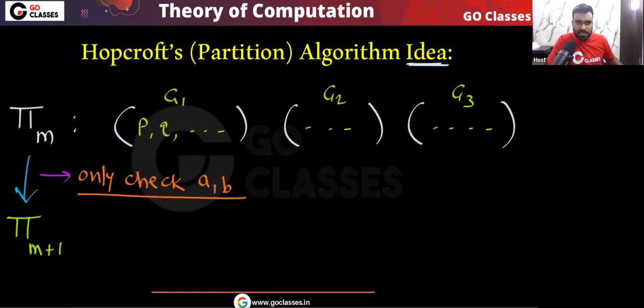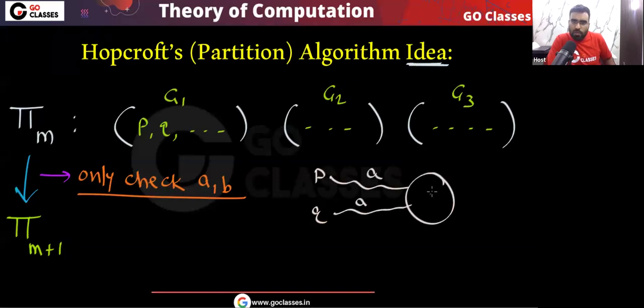Now the idea is like this. Let's take this p comma q. Within this group we have p comma q. For this p and q, if on every symbol they go to the same group, for example, let's assume on symbol a both go to group 2, on symbol a they go to the same group, yes or no?